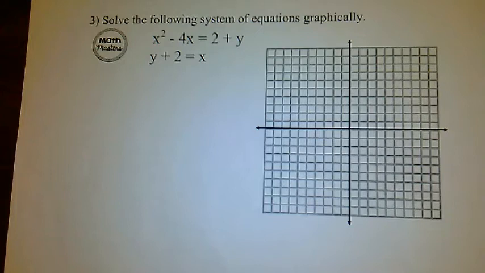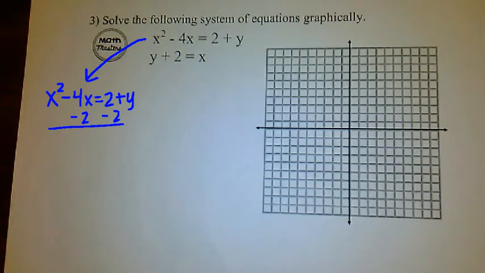I gave you number 3 because, remember, these are not solved for y, so we have to solve them for y. Right here, I have x squared minus 4x equals 2 plus y. So I'm going to subtract 2 from both sides. So I get x squared minus 4x minus 2 equals y.